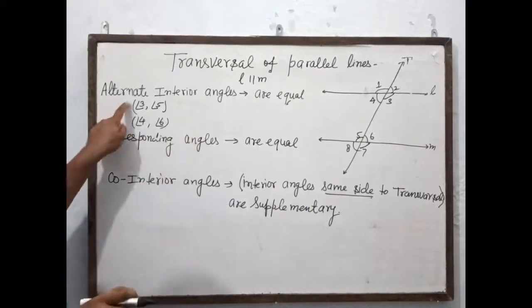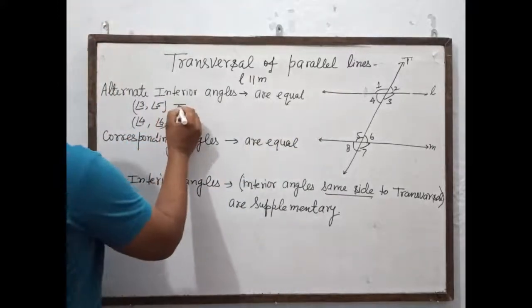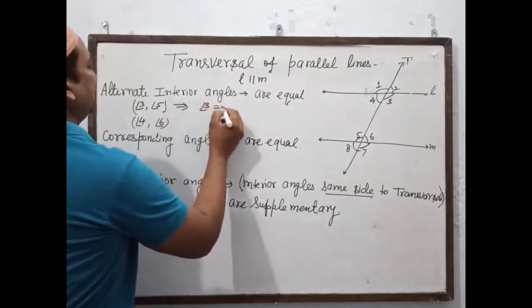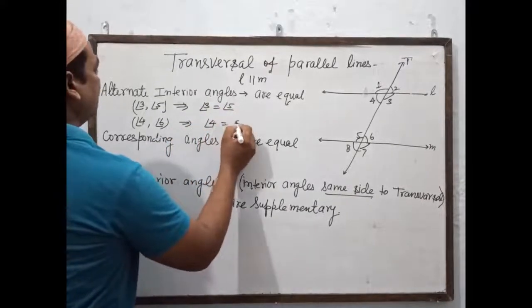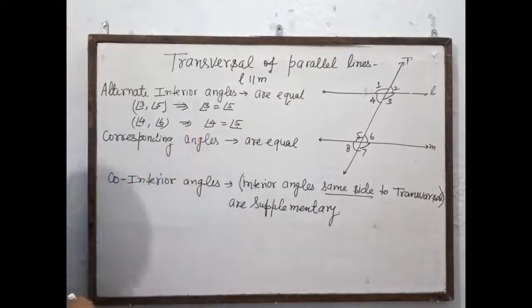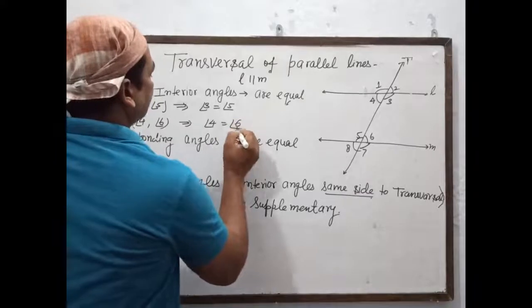These are alternate interior angles. If these two lines are parallel, this implies that angle 3 equals angle 5 and angle 4 equals angle 6.